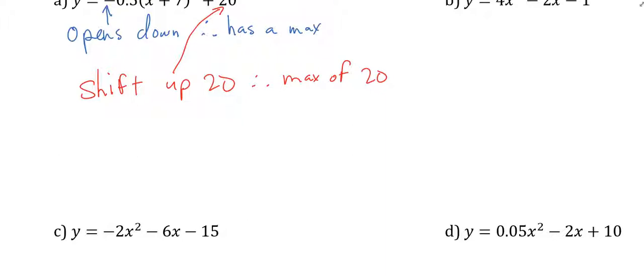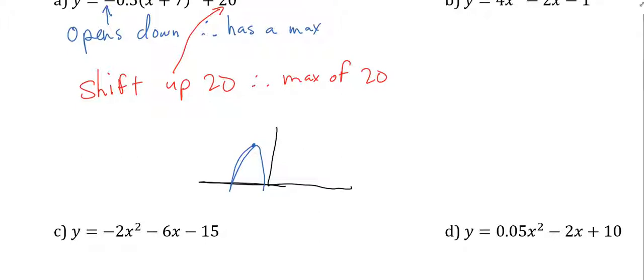So if I do a quick graph of this, you can just watch, you don't have to actually do this. It would have a shift to the left 7, and up 20, and opens down from there. So that's something like what the graph would look like.